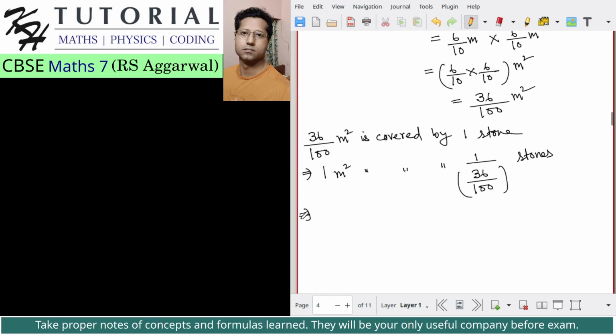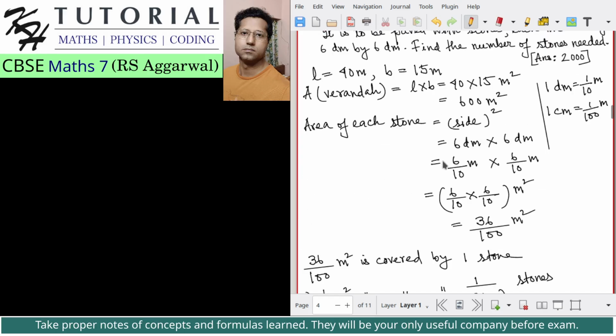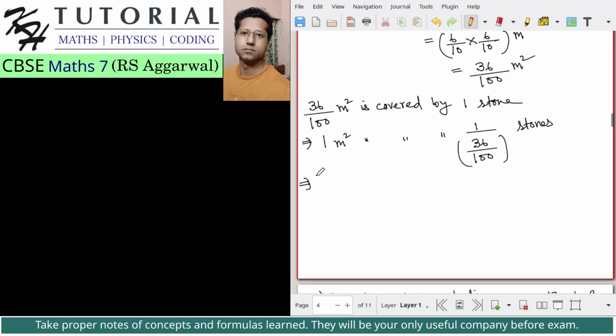So now, what is the area of the veranda? Area of the veranda is 600. So 600 meter square will be covered by 100 by 36 multiplied by 600 stones.